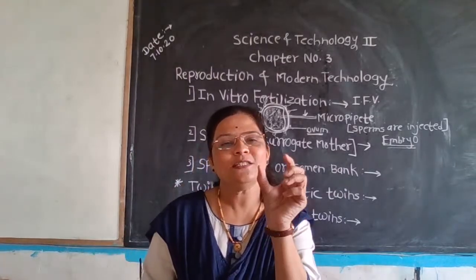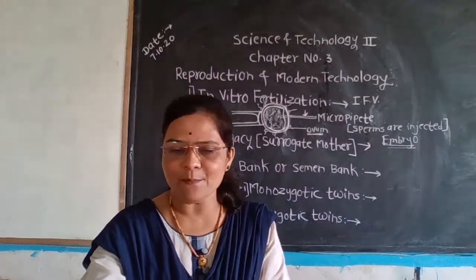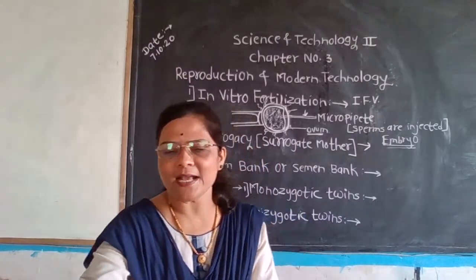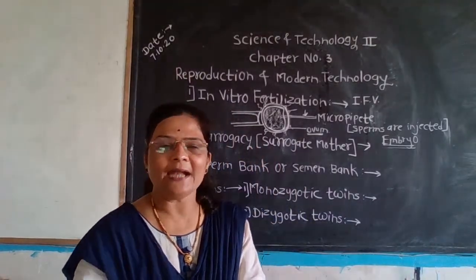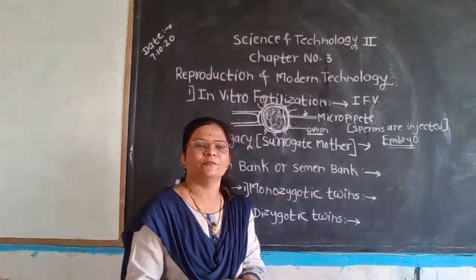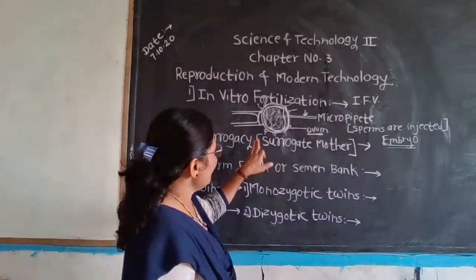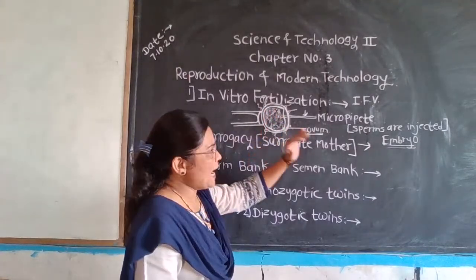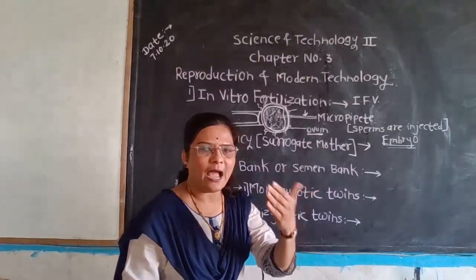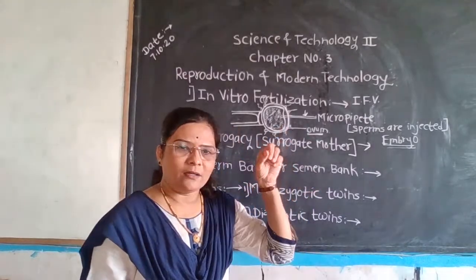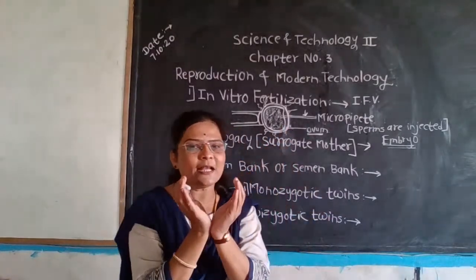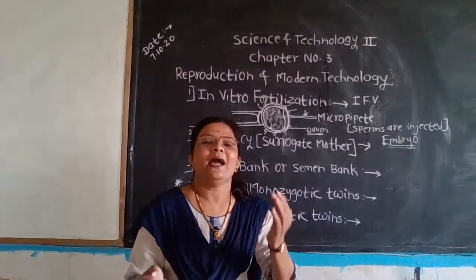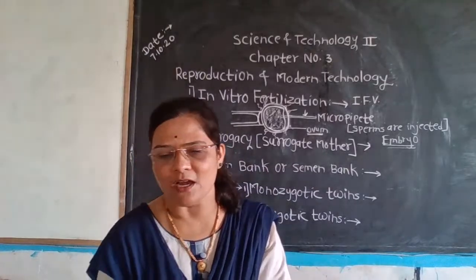The embryo is formed and that embryo is implanted in the uterus of a woman at the appropriate time. Students, during the fertilization, the embryo is formed and that embryo at an appropriate time is implanted in the uterus of that woman, and that we call IVF.